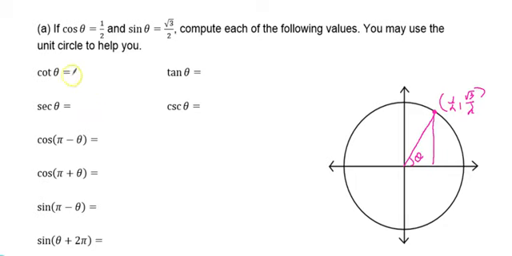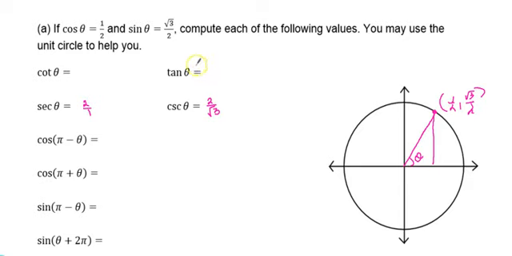What will be cotangent theta, tangent theta, cosecant theta, secant theta? These four questions should be straightforward. Secant theta is the reciprocal of cosine, so 2/1. Cosecant theta is the reciprocal of sine, so 2/√3.